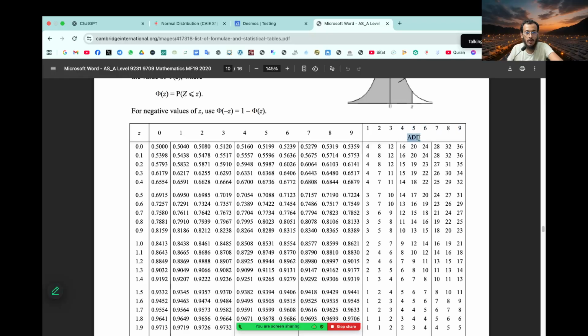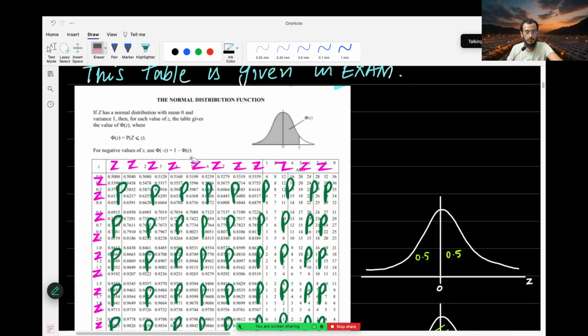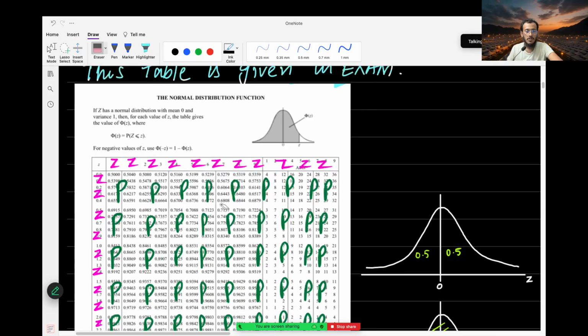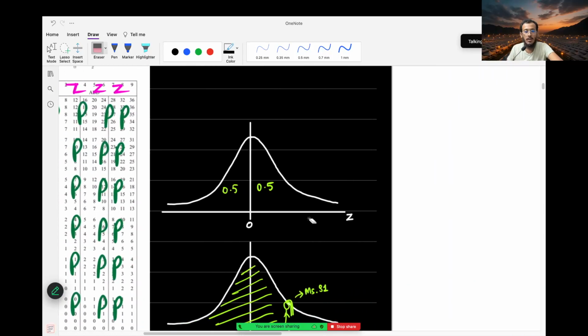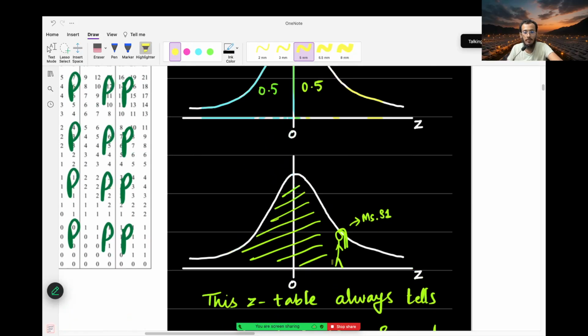I will explain what this means in a moment, don't worry. So this is what the normal distribution function represents, and we know that the normal distribution curve is equally distributed. So the area under the graph on the left side is 0.5, and the area under the graph on the right side is also 0.5.